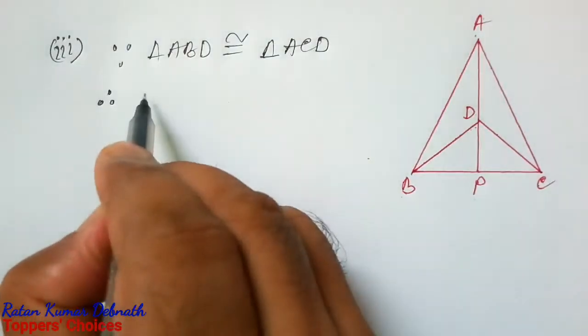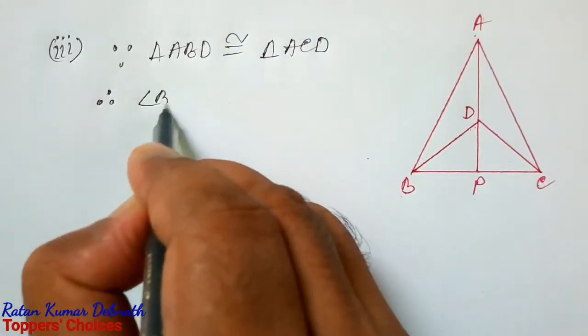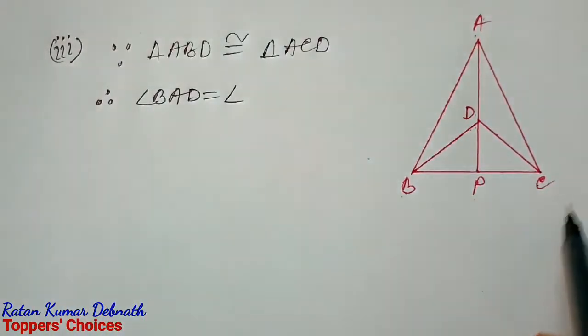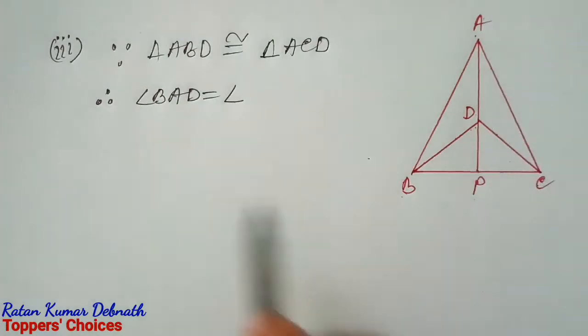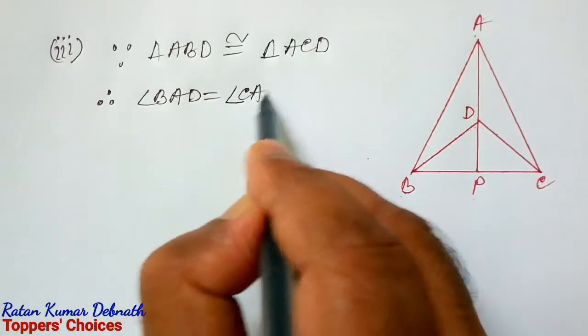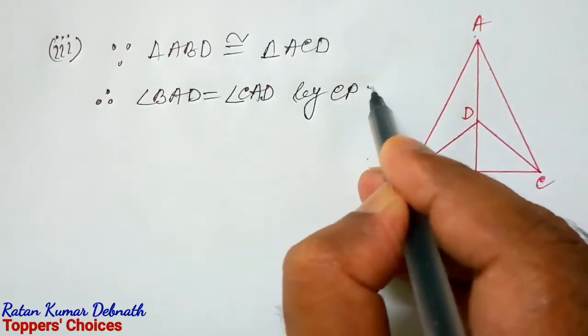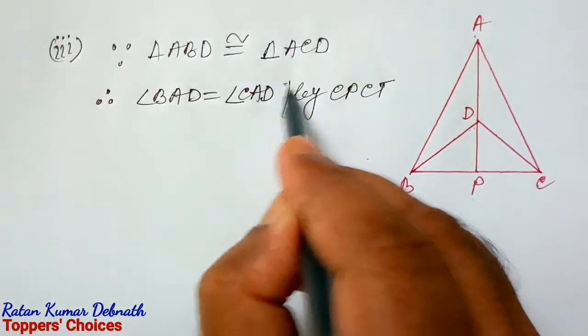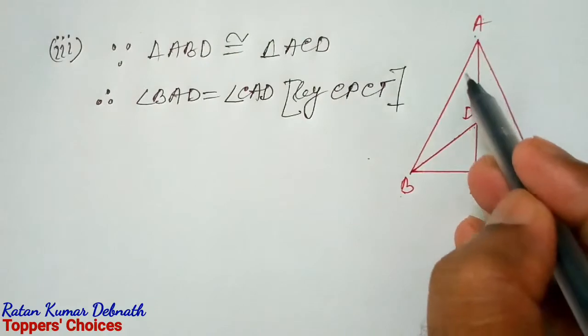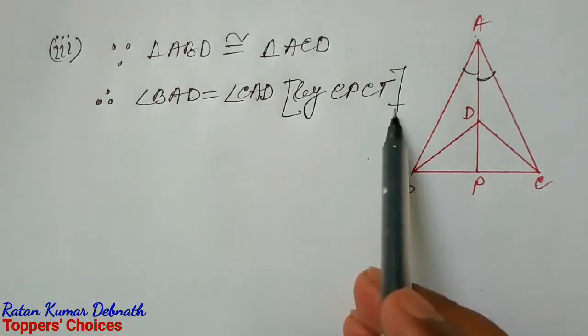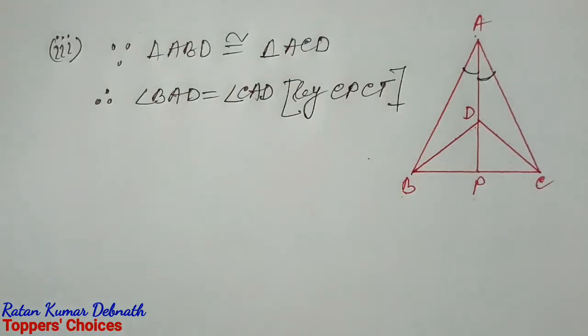therefore angle BAD equals angle CAD by CPCT. These two angles are the corresponding parts of congruent triangles.